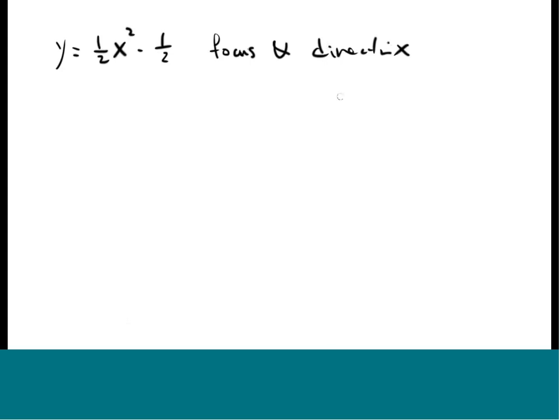So remember, y equals 4a times x squared. Whatever, you don't really care about that. So a is important. In our case, a equals 1/2.